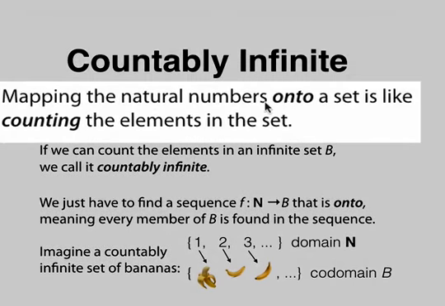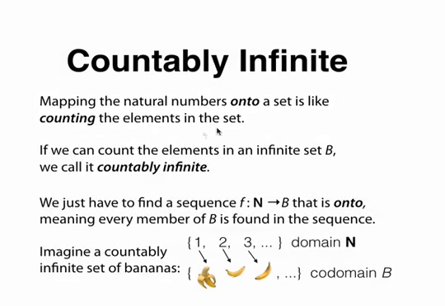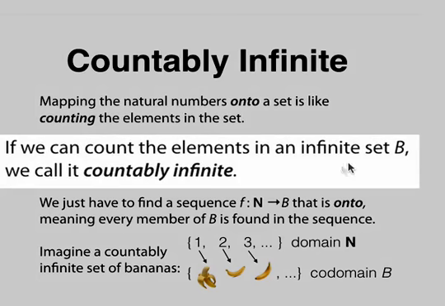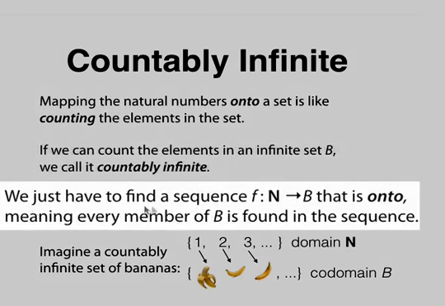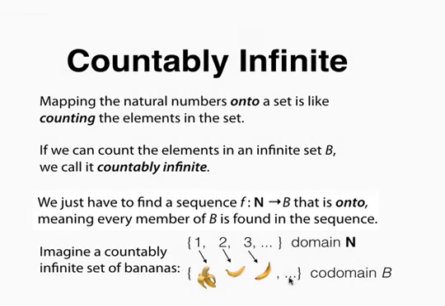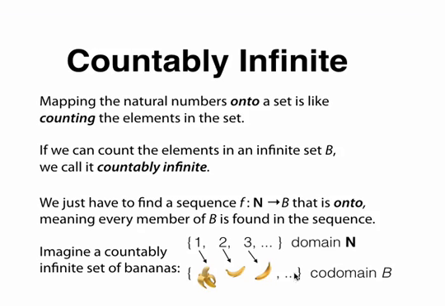So mapping the natural numbers onto a set is like counting them. And if we can count all the numbers, we call that a countably infinite set. All we have to do is find the sequence from natural numbers to the bananas that is onto, so every banana is found in the sequence somewhere. You get a banana, oh yeah, that's the millionth banana.